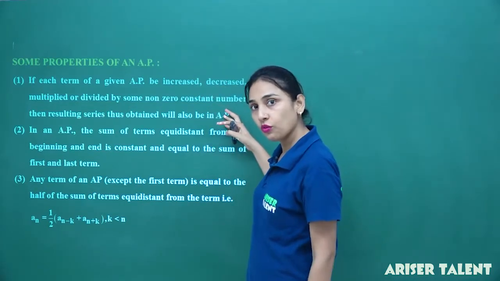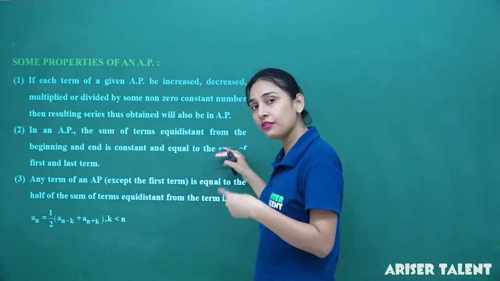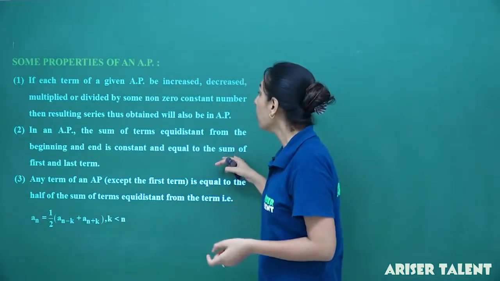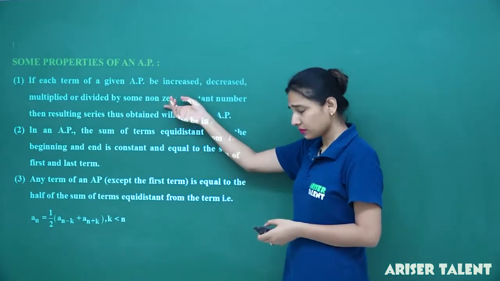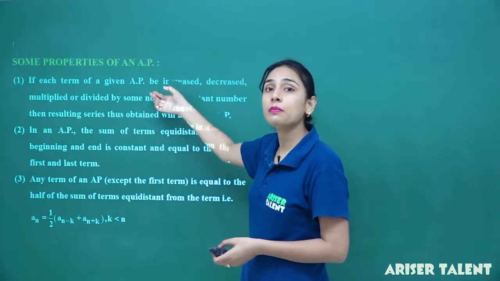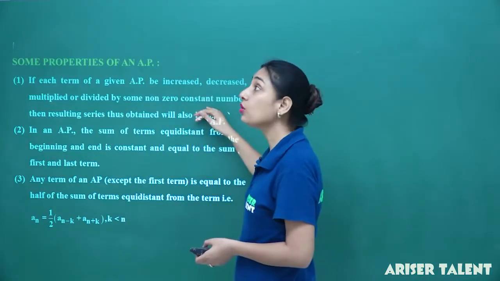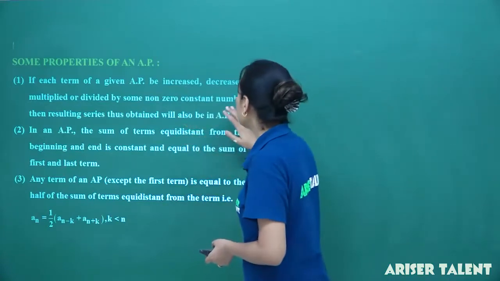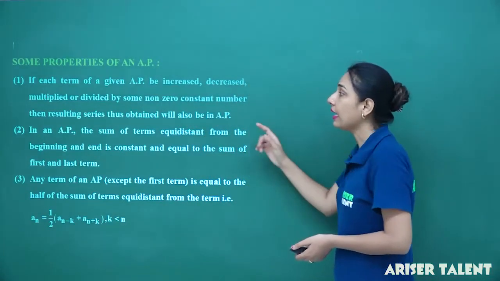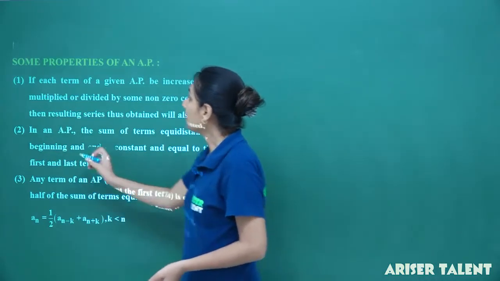The sequence you will get will be an AP only. So if you multiply, divide, increase or decrease it by any non-zero constant or integer, then what will you have? An AP.